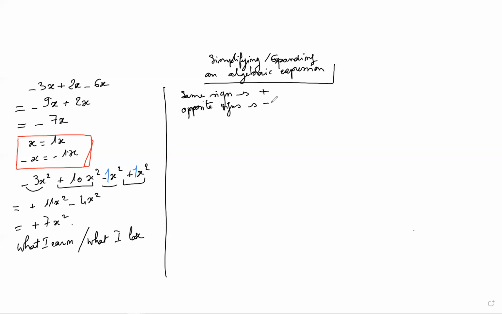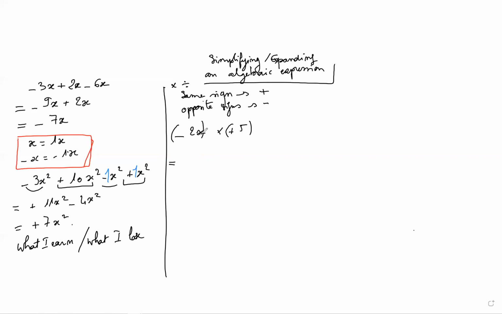It's the same for multiplications and divisions, because in fact, division is a multiplication. Like if you divide by 3, in fact, you're multiplying by 1/3. So if you have minus 2x times plus 5, you don't know if this is actually negative because you don't know the value of x, right?